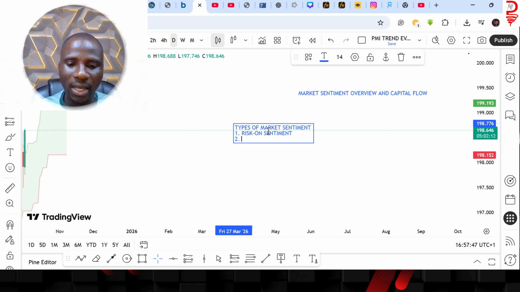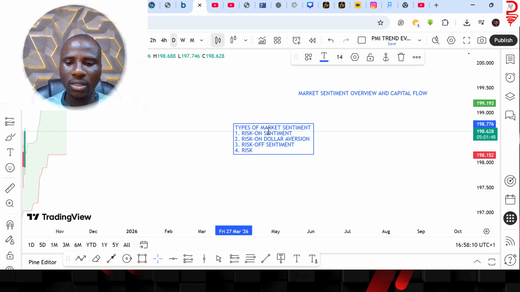And of course, I identified risk on dollar aversion sentiment. Then we have the risk off sentiment. Then number four, the risk off dollar aversion sentiment.